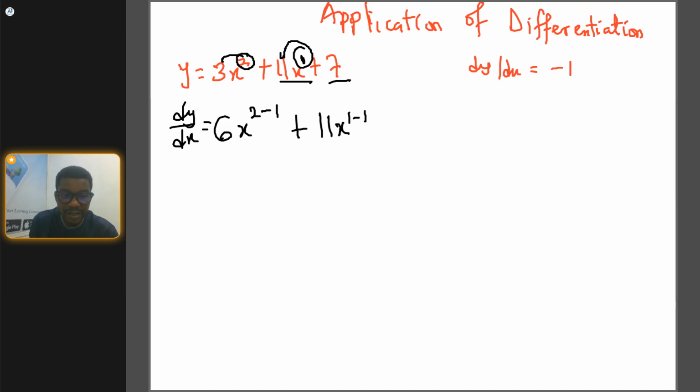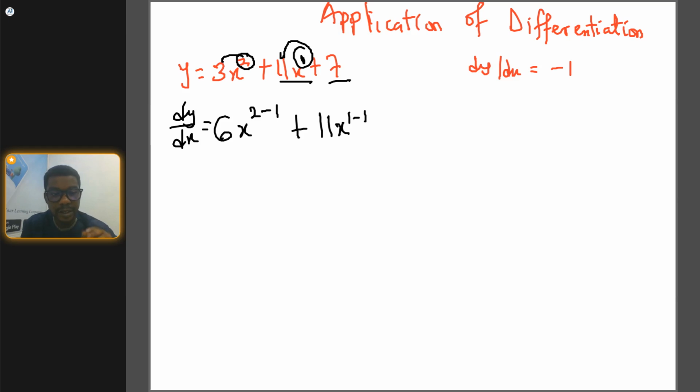Now, differentiating 7. In the second part of differentiation, we established that the differentiation of a constant is 0, meaning that the differentiation of 7 would be 0. 7 is a constant.